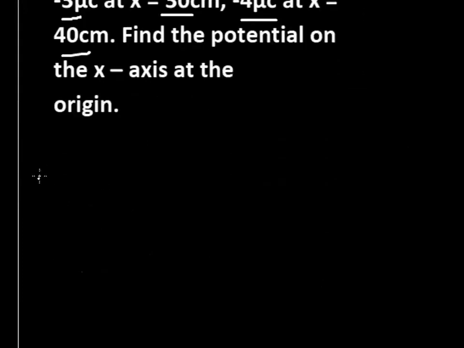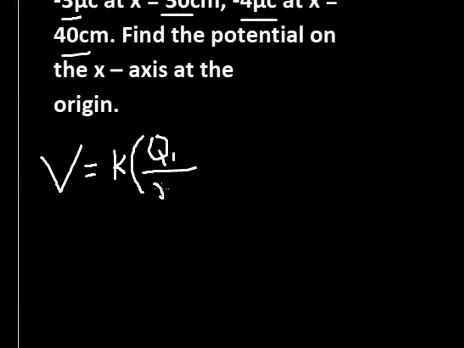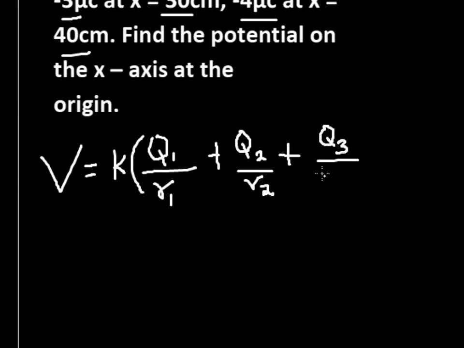Simple. Apply the formula. There are 3 of them, so the formula for the potential at x is going to be K, open bracket, Q1 all over R1 plus Q2 all over R2, plus Q3 all over R3.